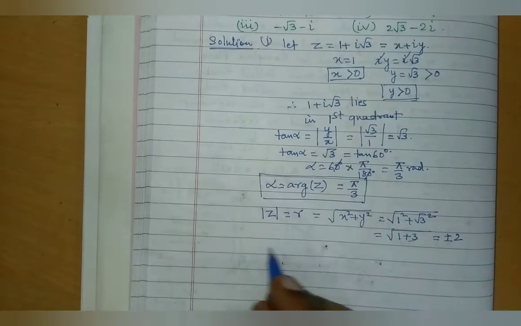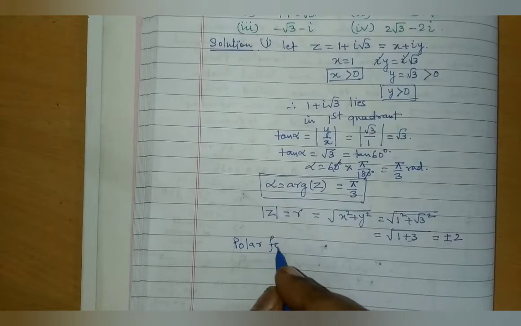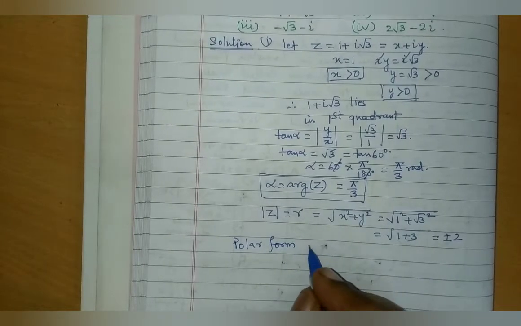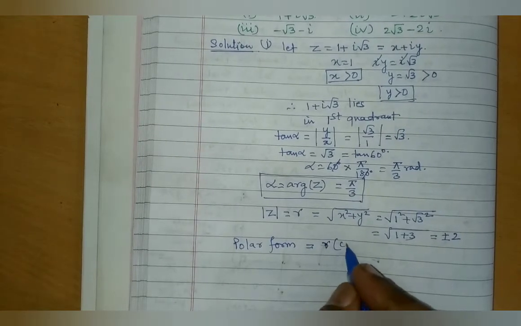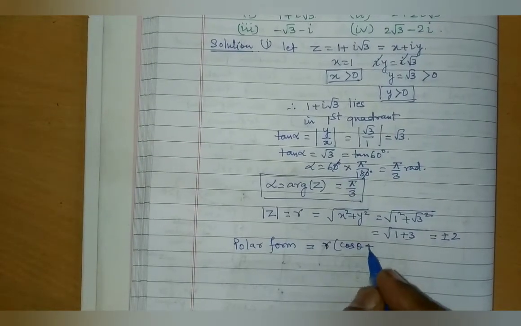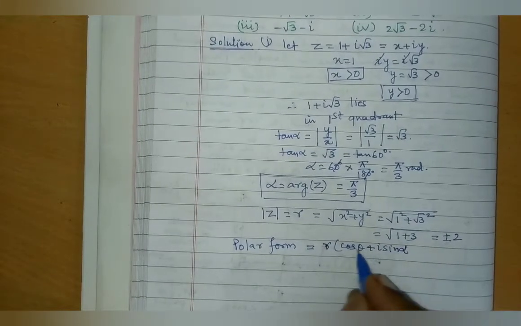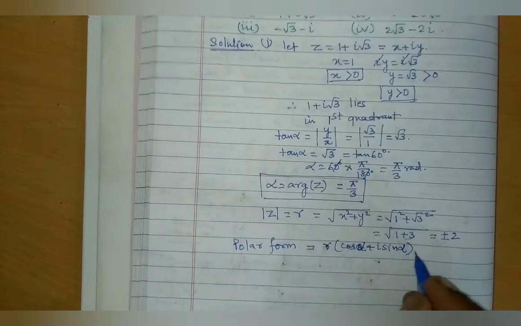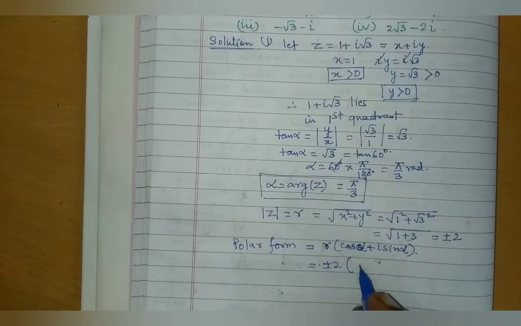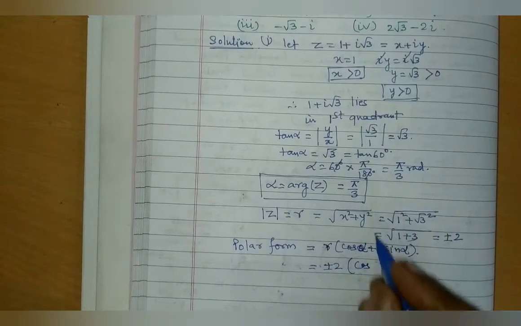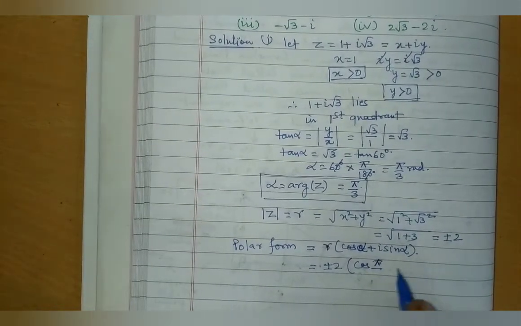So now if we have to find out the polar form, the polar form is equal to r cos theta plus i sin theta, and in place of theta I am just writing alpha. So here 2 modulus, cos theta in place of alpha, alpha in the book it is written theta.